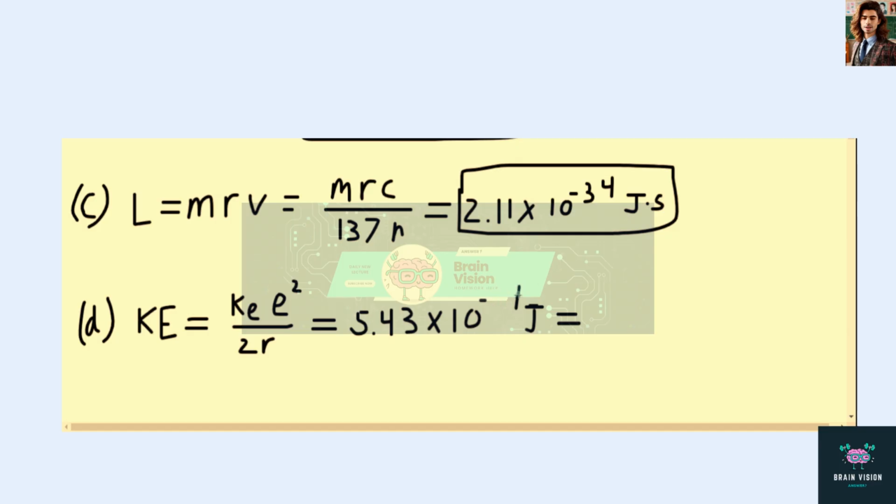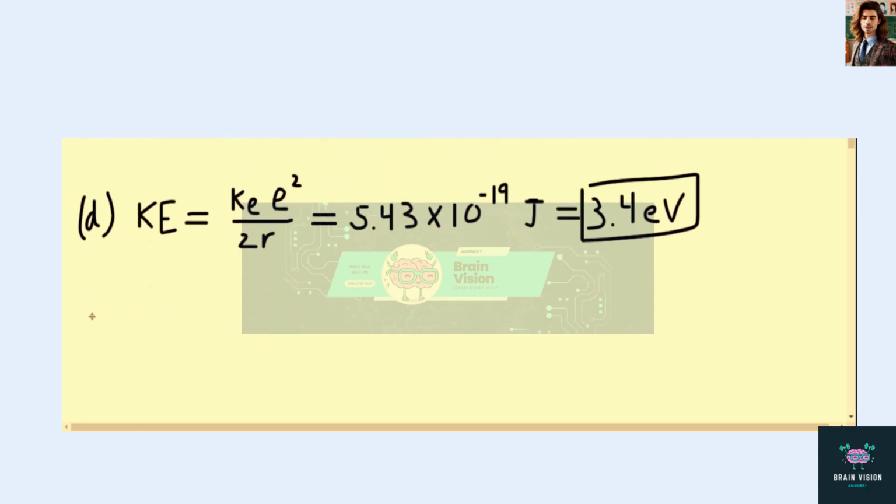This is not to the minus 34. This is 5.43 times 10 to the minus 19. I was looking at part C where it's to the minus 34. So 5.43 times 10 to the minus 19 joules. We convert this to electron volts, and this is equal to 3.4 electron volts. Apologies about that. But we box this in as our solution for part D.